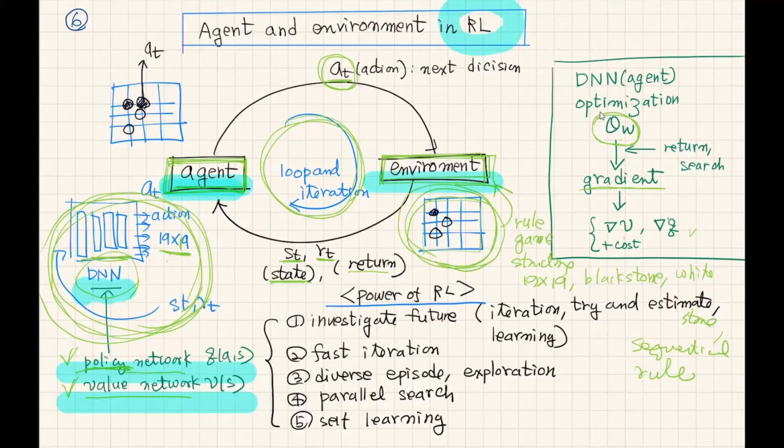And also what the probabilities of white stones and black stones are, what the sequence or pattern is. There are many different environments. And from the environment, we can define state. In a Go game, it is an image of black stones and white stones in a 19 by 19 array.